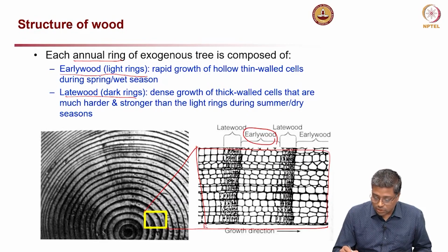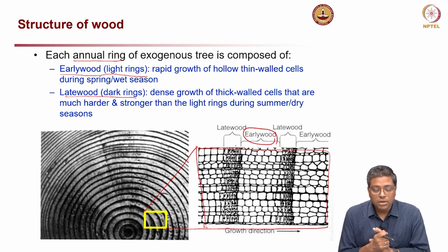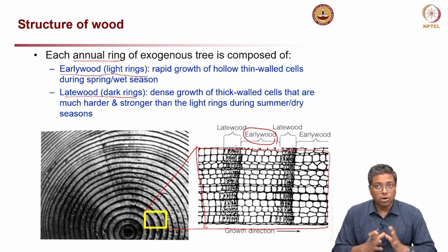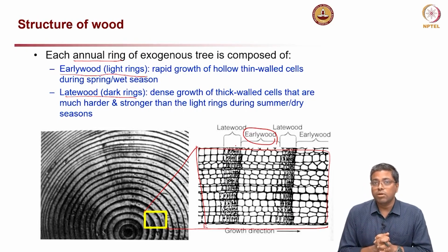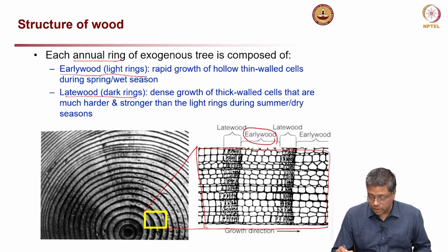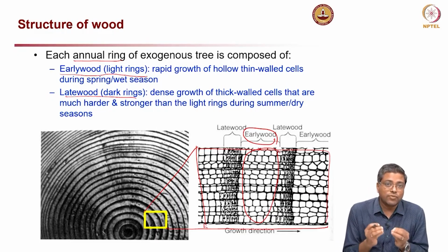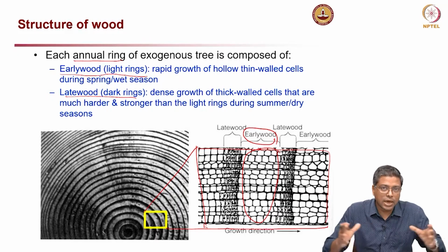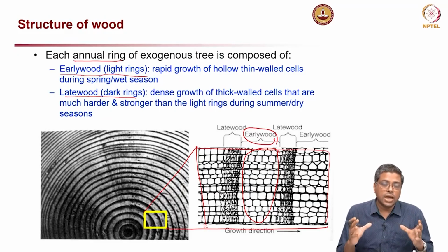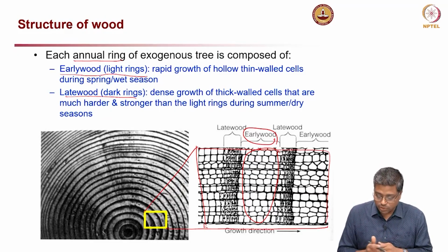In this region you have larger cell cavities, they are hollow and they grow rapidly during the spring or wet season. That is when they grow rapidly, because whichever cavities are formed will get filled with moisture. So eventually they will have larger cavities, or the cell structure is like that.